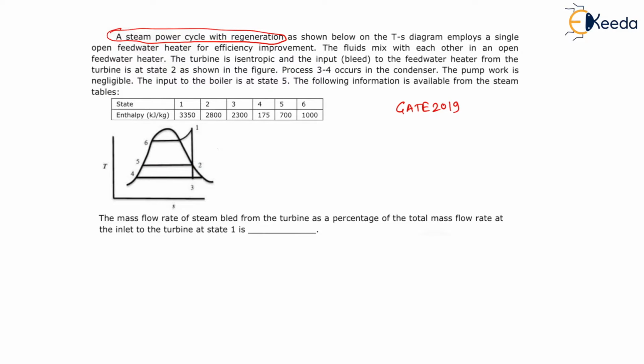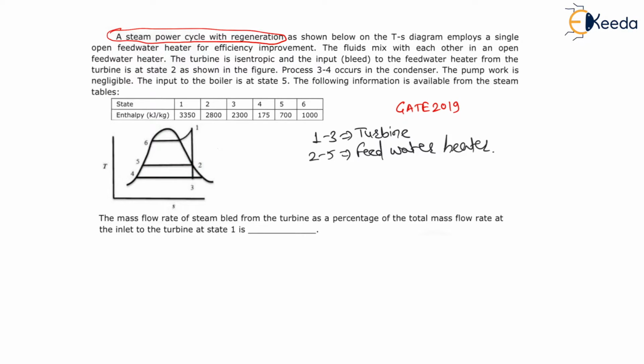We have already seen this cycle in theory lectures, so I am not going to explain it. From 1 to 3 there is an isentropic turbine, and from 2 to 5 there is a feed water heater.